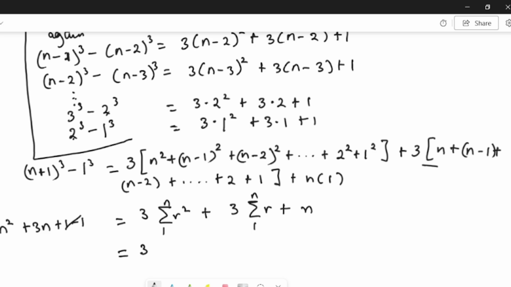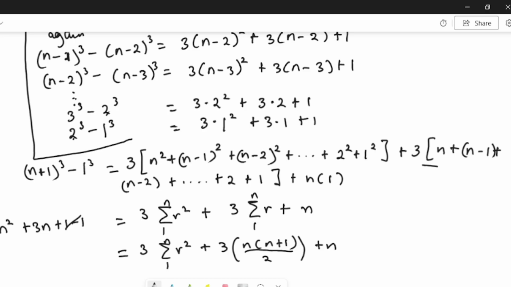And now our area of interest is this r cubed. So we're going to say 3 sum from 1 to n of r squared plus 3 into, this summation you already know is n into n plus 1 over 2, plus n.